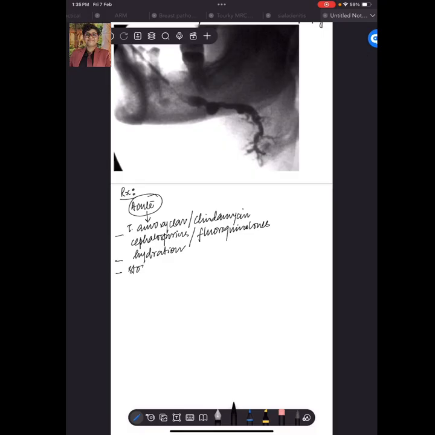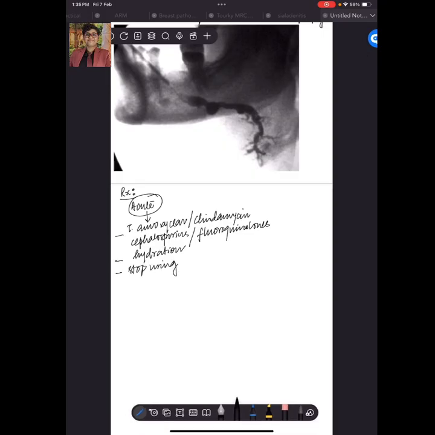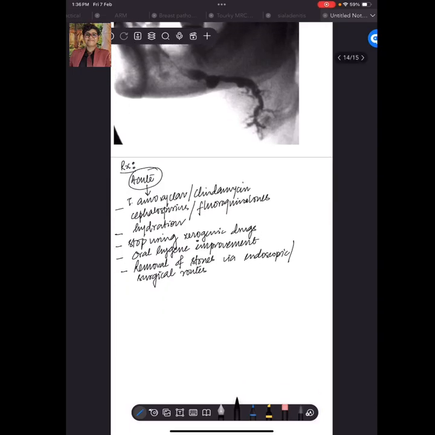We have to stop using drugs that reduce salivary flow. Oral hygiene improvement.